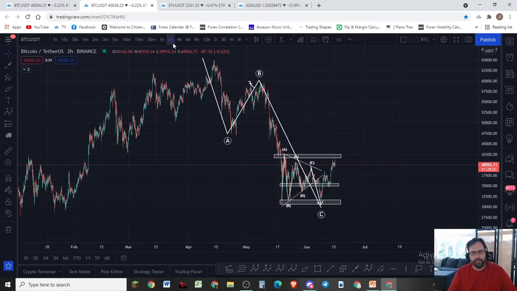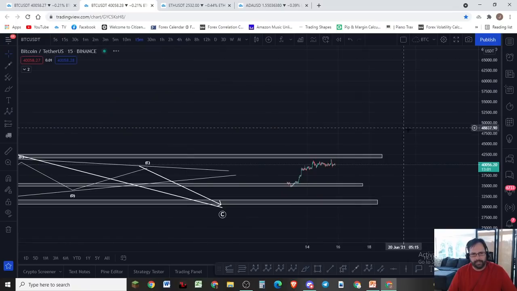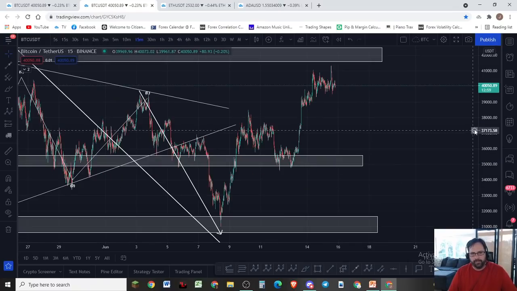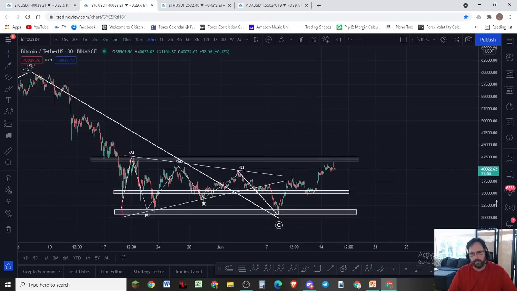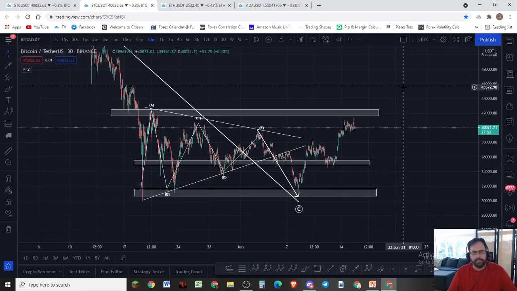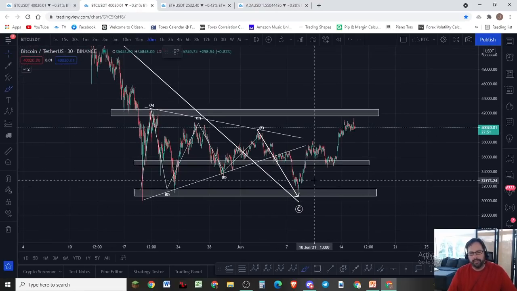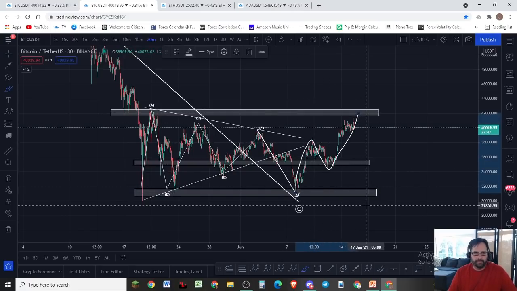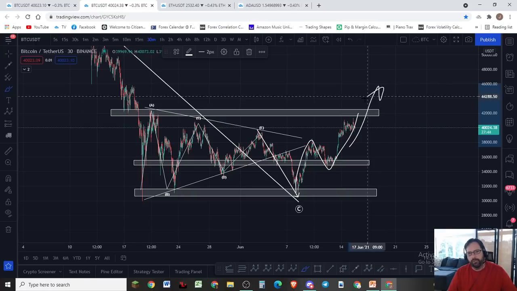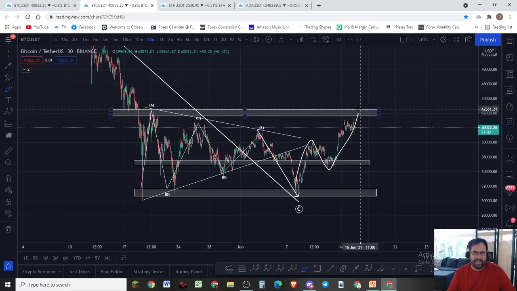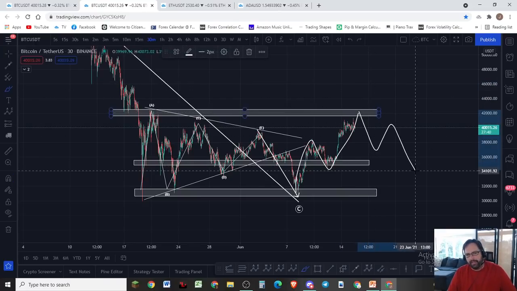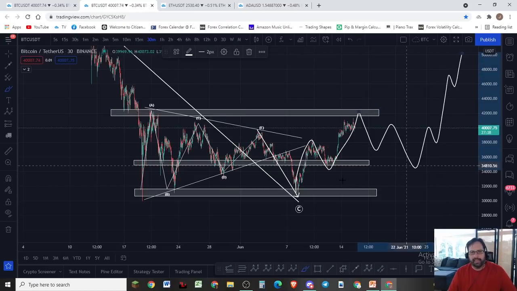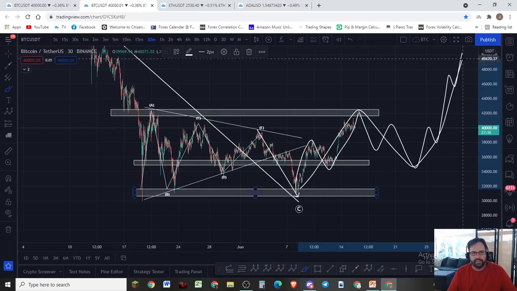All right, so there's two ideas. Now the implication of this particular count is that we have either a 3-wave move as an A wave, beginning a 3-wave move to the upside. We could get a B, and then a C wave like that, and that would be 3 waves to the upside, correcting the entire structure.